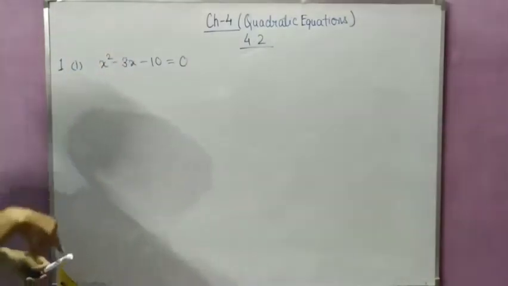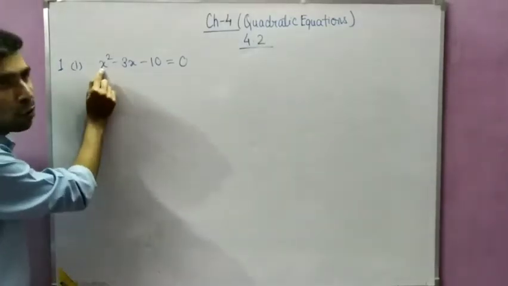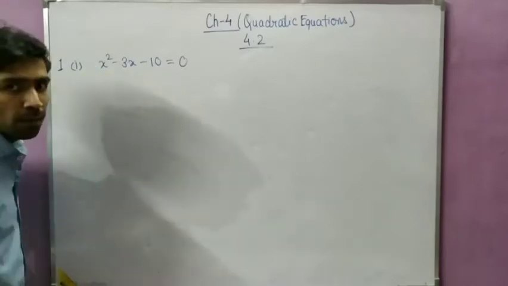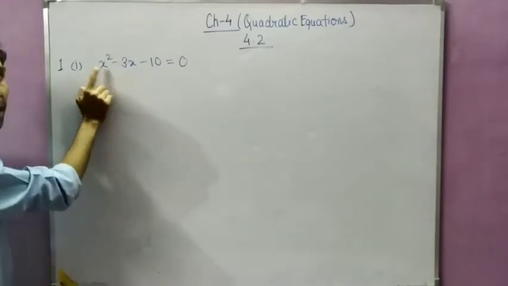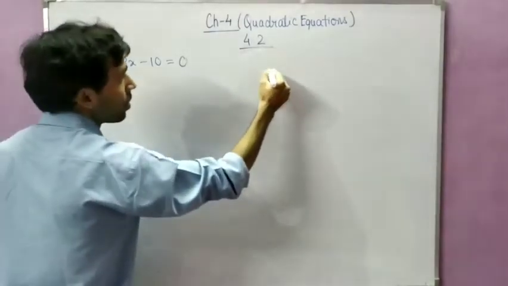For applying midterm splitting, we multiply the coefficient of x square to the last term. The coefficient of x square is 1, and when 1 is multiplied by 10, we get 10.